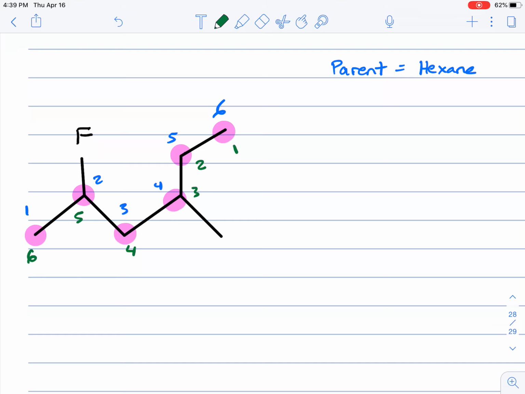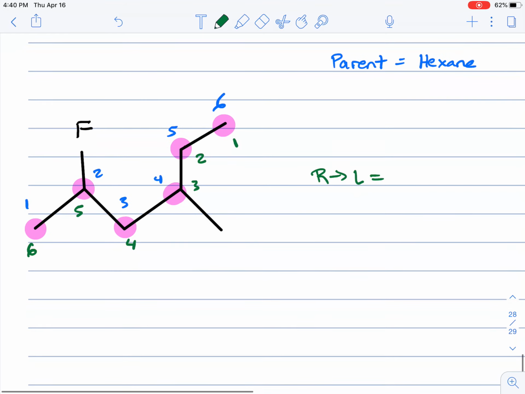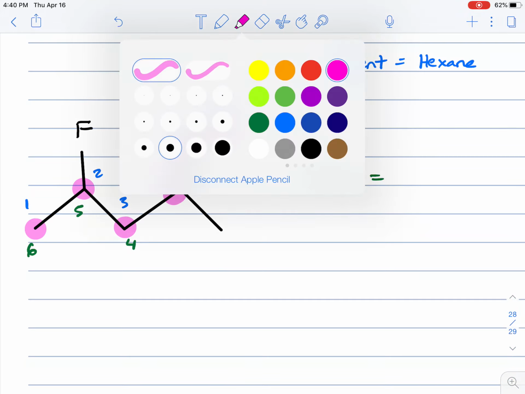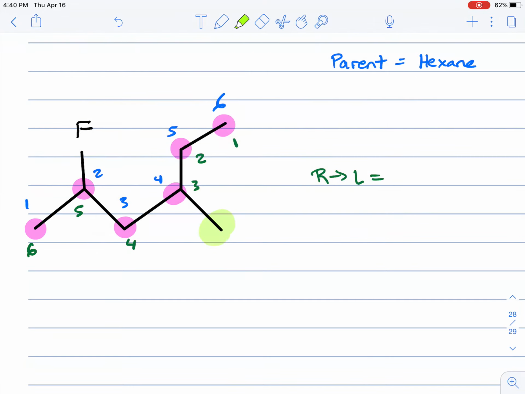Since I'm already on this color, I'm going to see what the sum of the values is when I go from right to left for the substituents. Let me mark my substituents really quickly. So this is my substituent and this is my substituent.